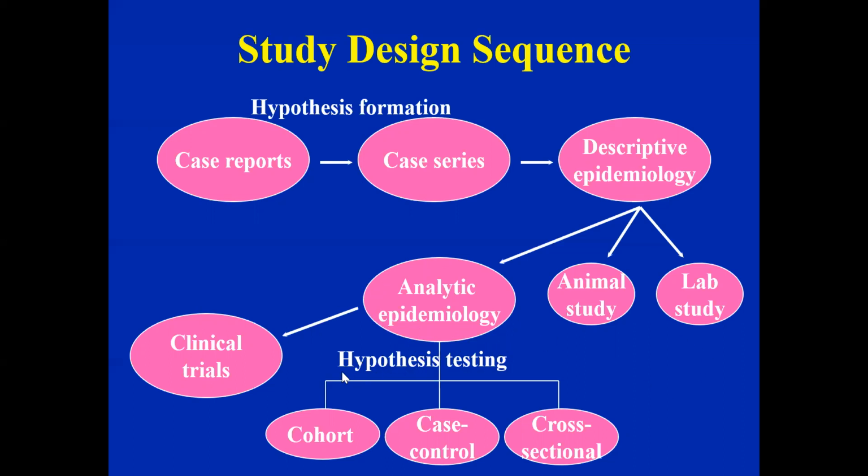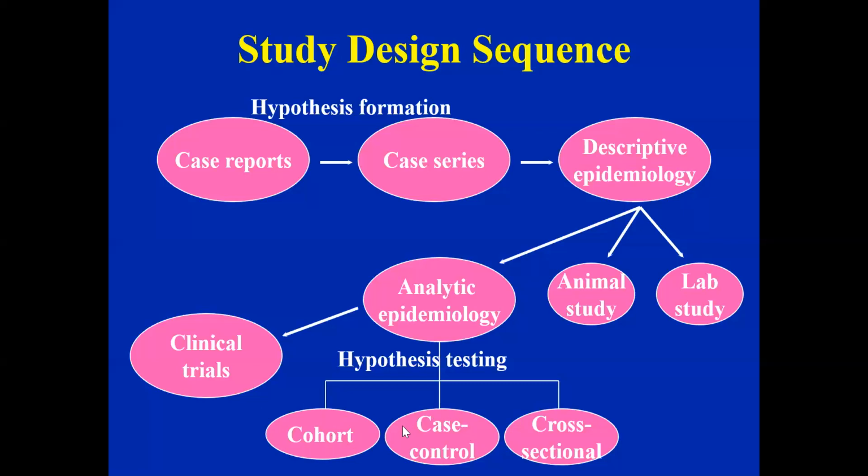And how can you do this? You can do this through a cohort, where you follow up people and see if they are going to die. You have your exposures, which are hypertension, your age, your diabetes, whatever, and you follow up those patients.